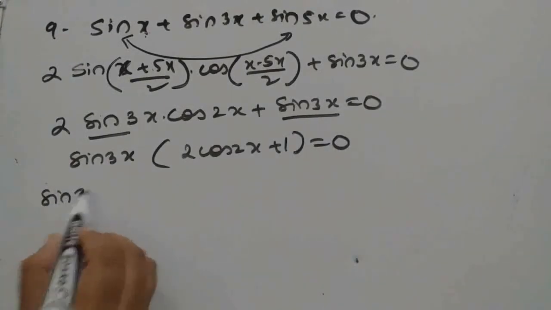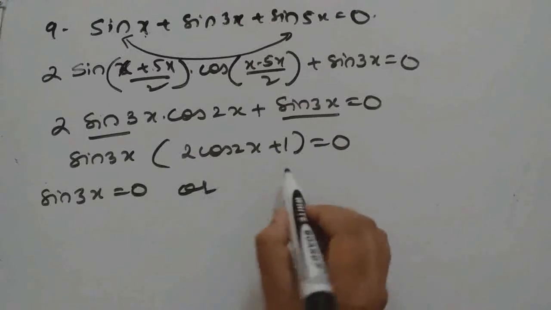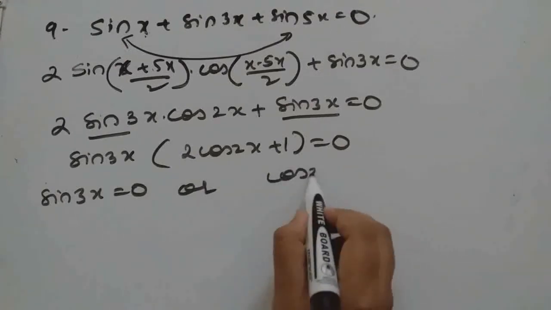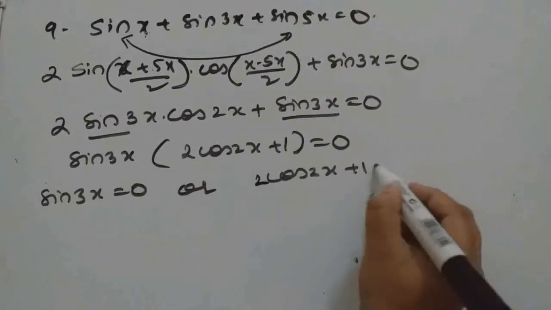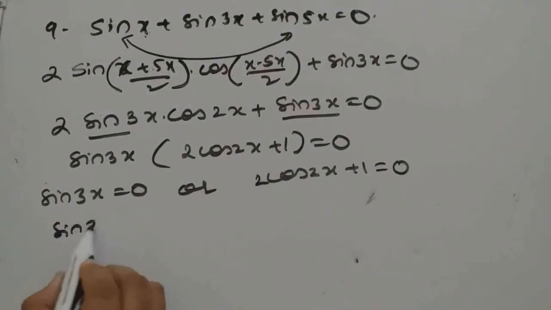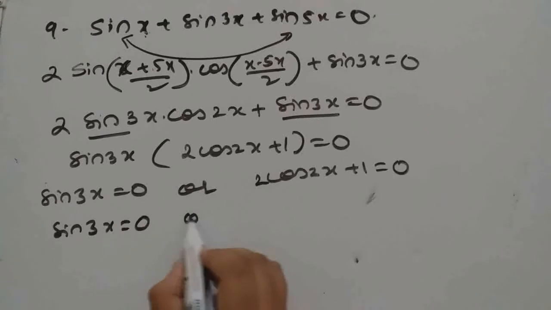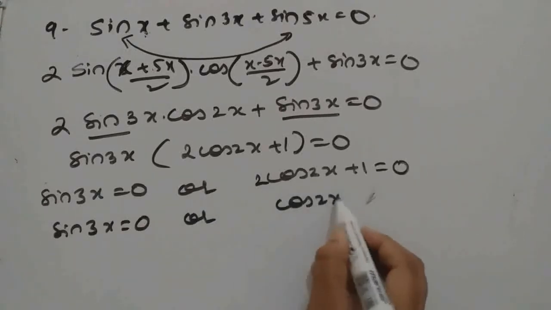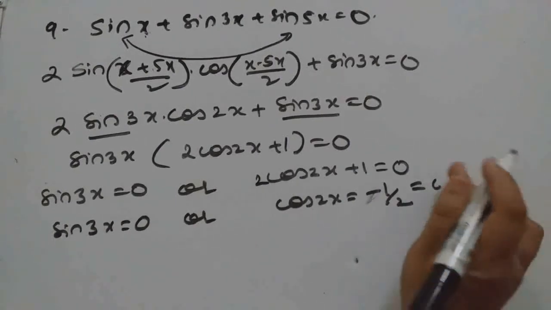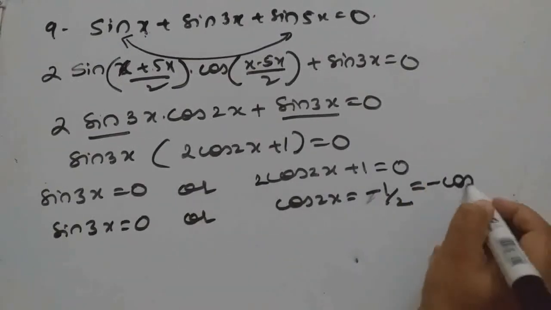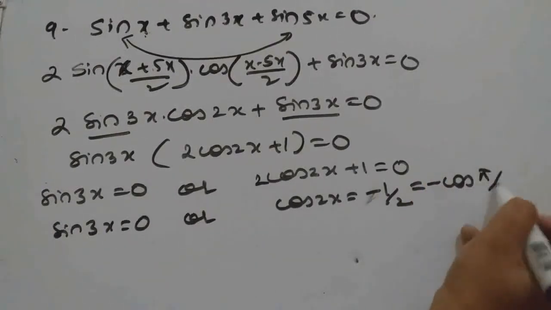So sin 3x equals 0, or 2 cos 2x plus 1 equals 0. For sin 3x equal to 0 we have another rule, and for this cos 2x is minus half. Okay, minus half means minus cos 60, which is half, that is pi by 3.